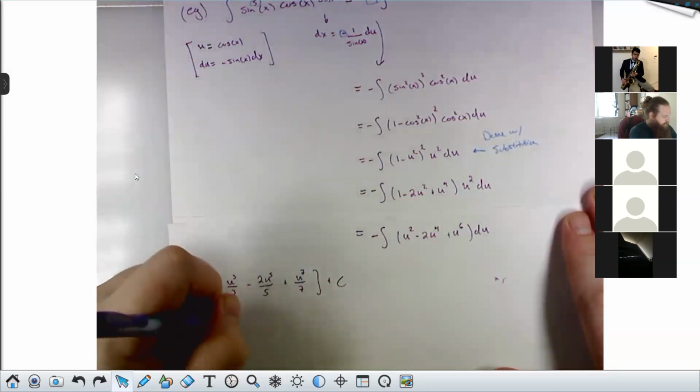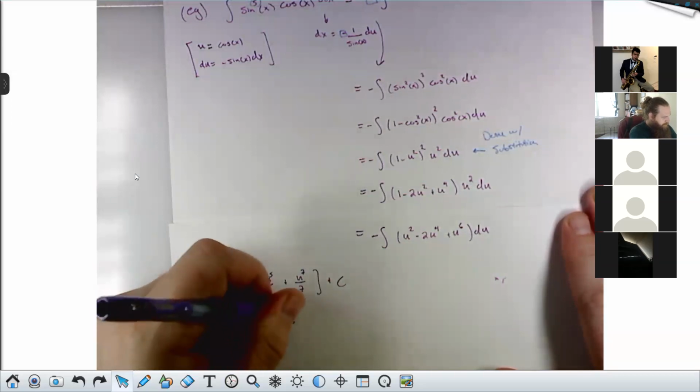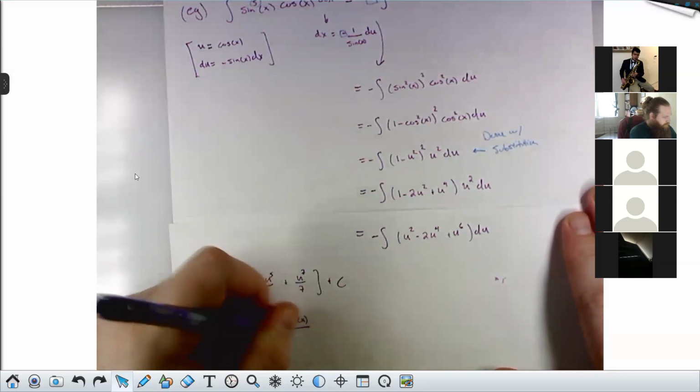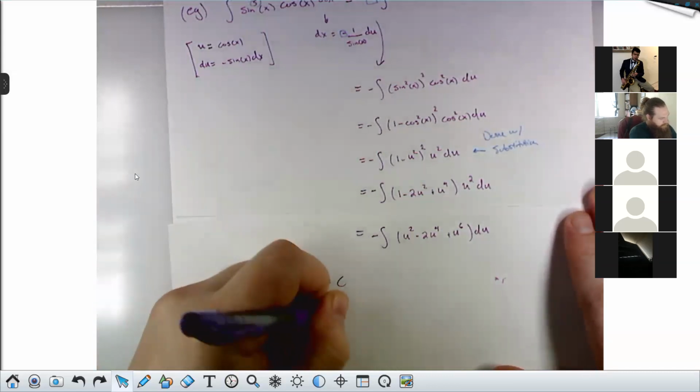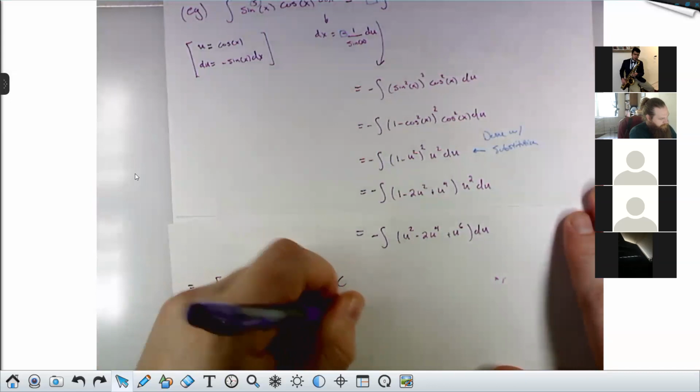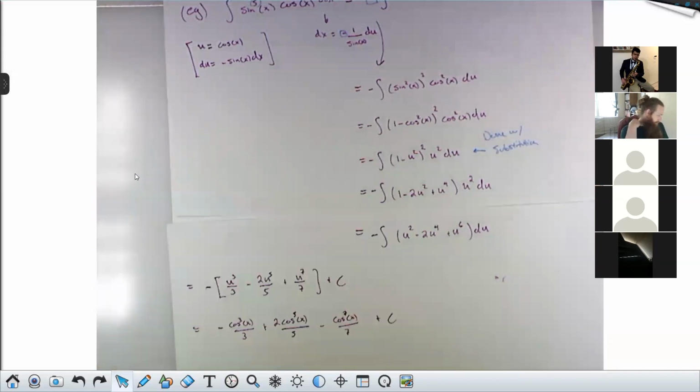Since u is cos x, this is cos cubed x over 3 plus 2 cos to the 5 x over 5, and then minus cos to the 7 of x over 7 plus a constant.